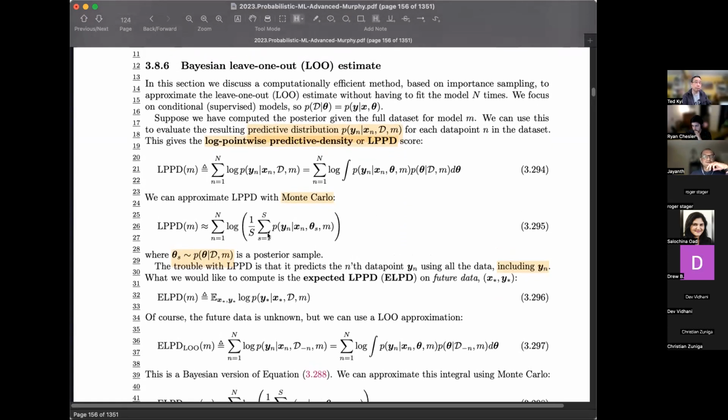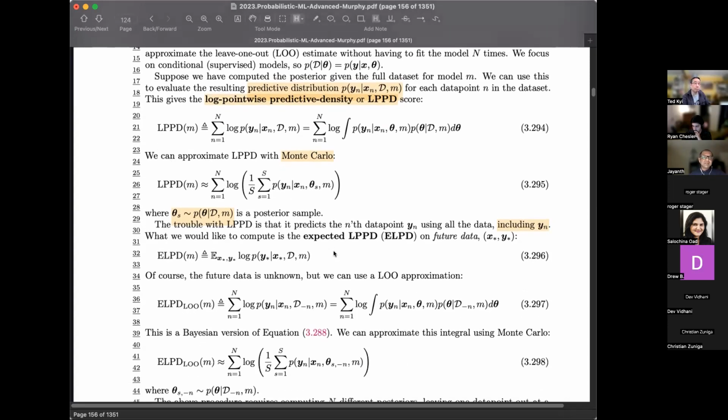Here he talks about using Monte Carlo simulation where you get S different samples from your distribution, and then you come up with, I guess, an average of those different values.